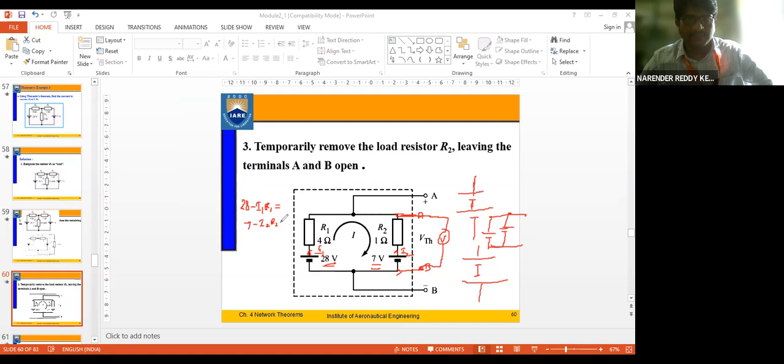Can we find the values of I1 and I2? Is it possible?